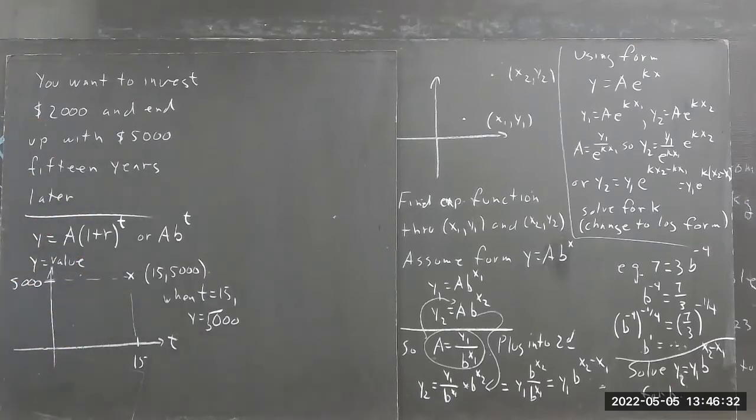Well, I said, what's the t-coordinate, didn't I? What's t stand for? Time. $2,000 a time? $2,000 is a value, right? Okay, so what's the time? Yes. Okay.